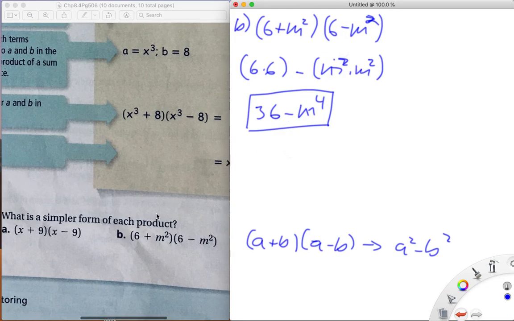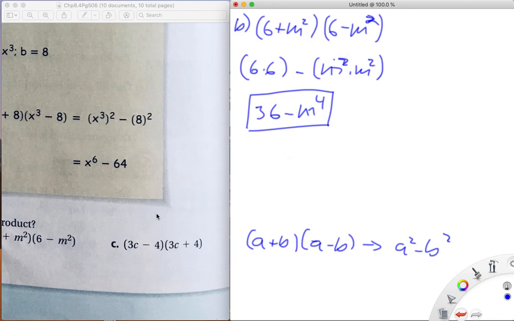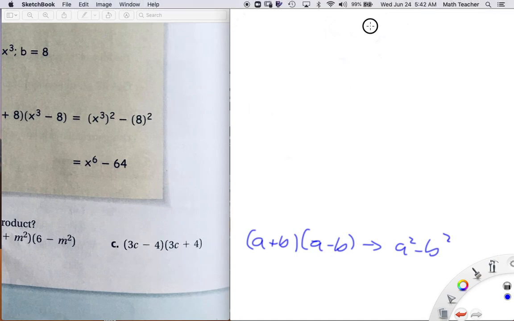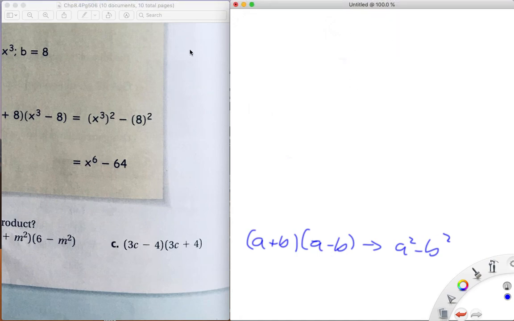And the last one, c. I have 3c minus 4 times 3c plus 4. Again, same a and b terms, just different operations.